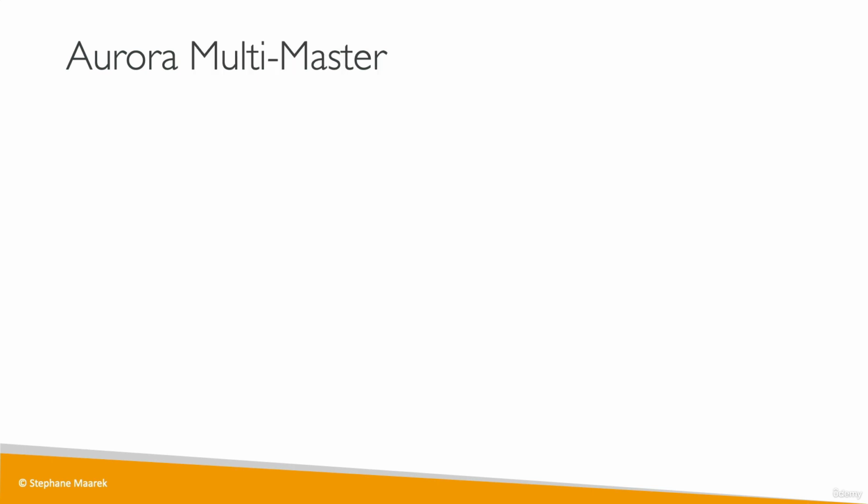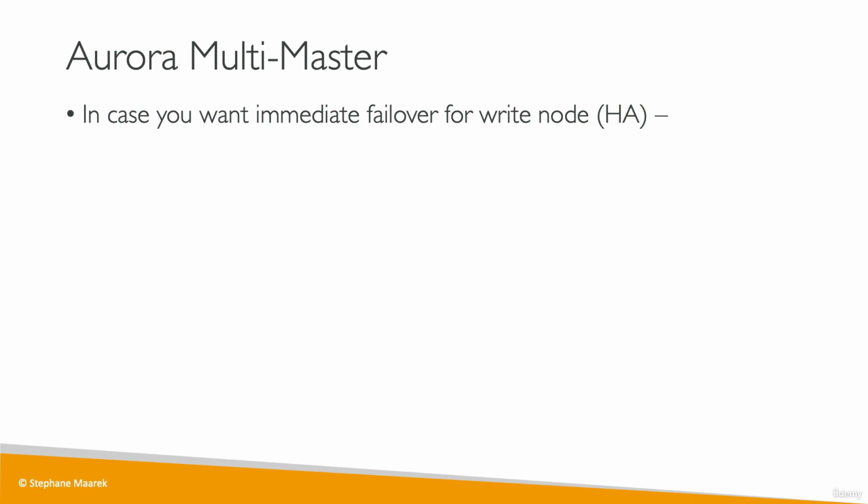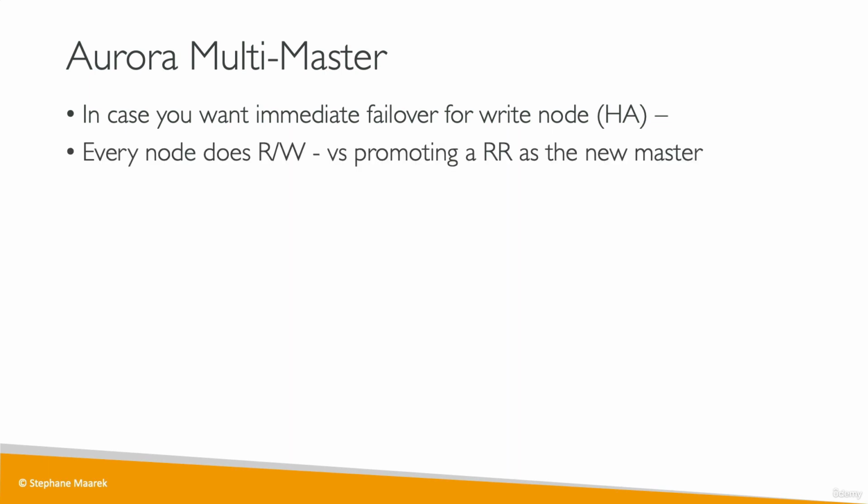Then we have multi-master, and this is in case you want immediate failover for the writer nodes, in case you want high availability for the writer node. In this case, all the nodes in your Aurora cluster do read and write, versus the idea before that if you only have one write node and it fails, then you have to promote a read replica as the new master.